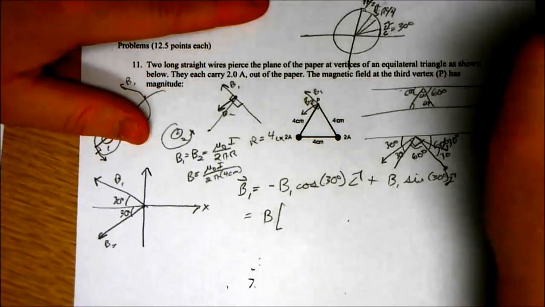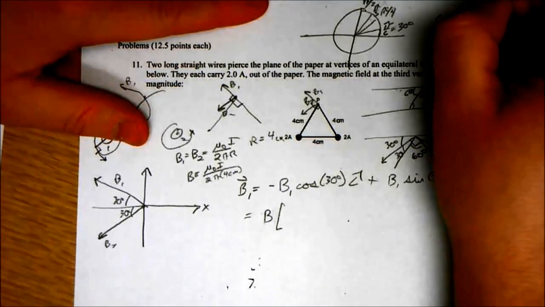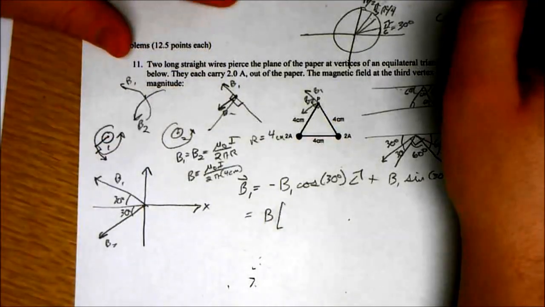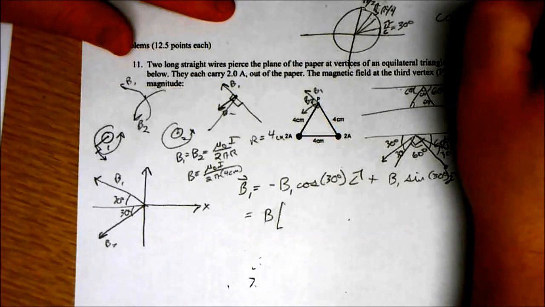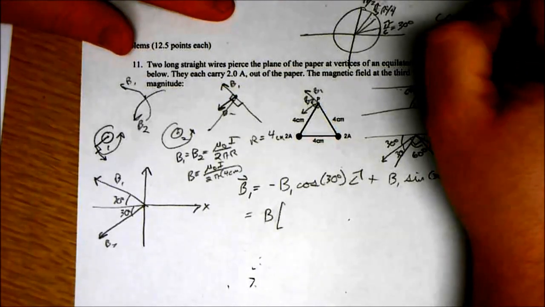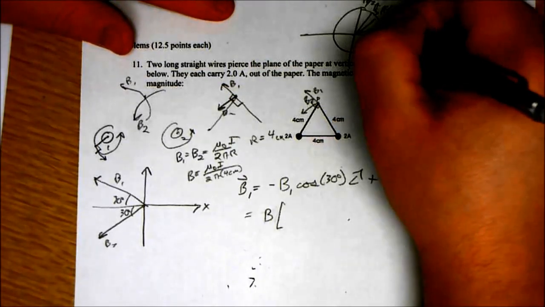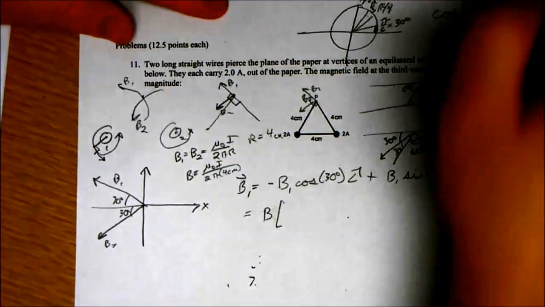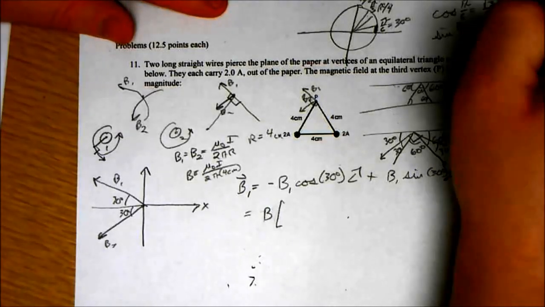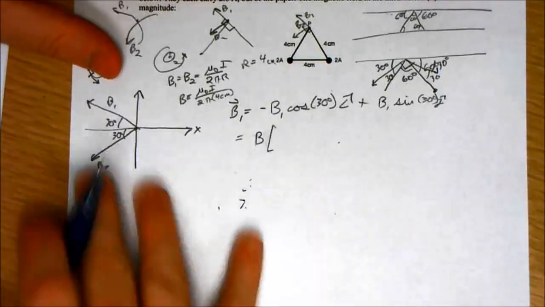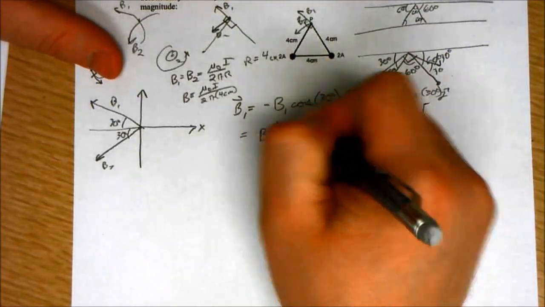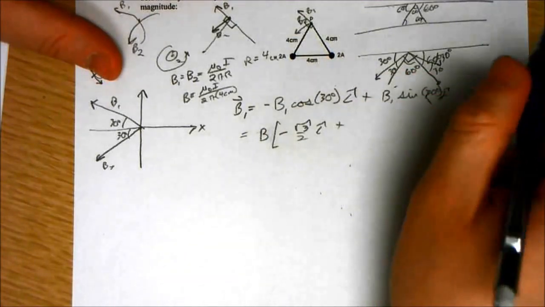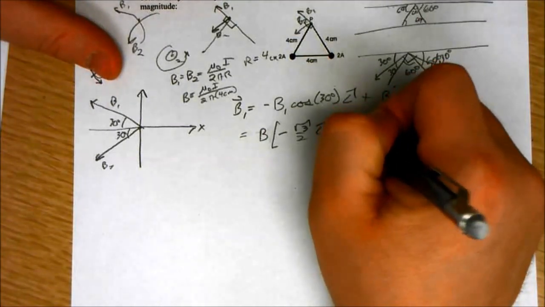Well, the coordinates of pi over 6: cosine of pi over 6 equals square root of 3 over 2, and sine of pi over 6, remember sine is the smaller one because it's the vertical distance, equals 1/2. So now I can put that in here: negative cosine of 30 is negative square root of 3 over 2 i hat plus sine of 30, which is 1/2 j hat.